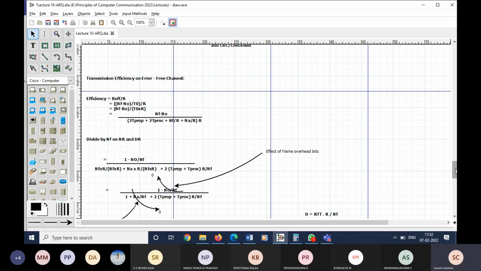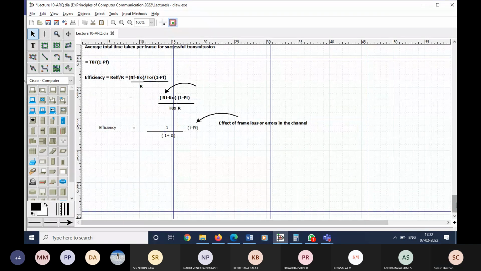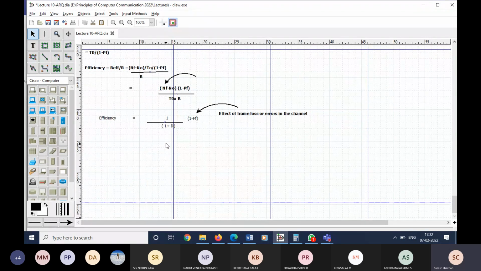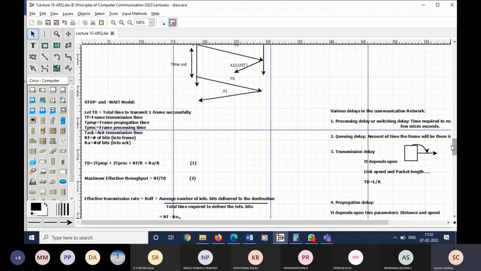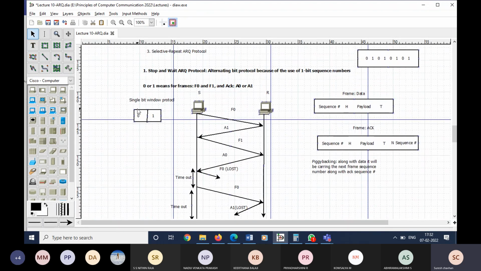Suppose you increase the window size, the sliding window, as we call it. The sender and the receiver will have a window. Here I have drawn a box. This is the one box, and this box contains the information or the frames of the sender. Similarly, here also I will have a 1 bit window. Here I have written single bit window protocol, alternating bit 0 and 1.